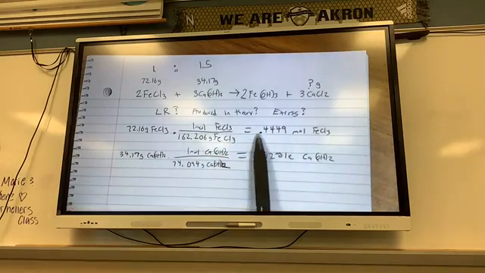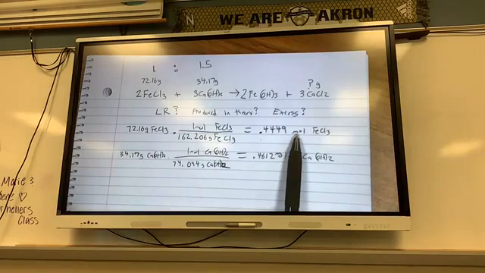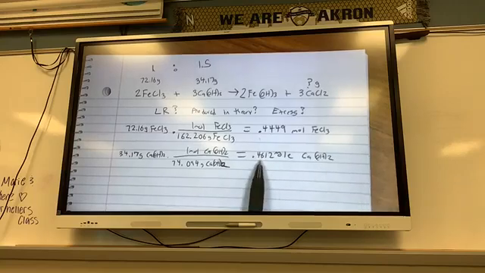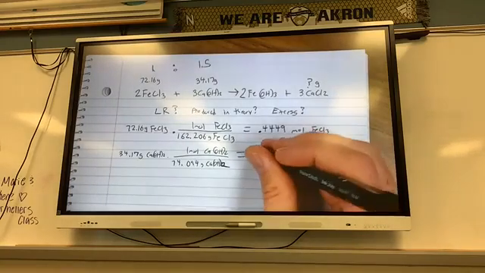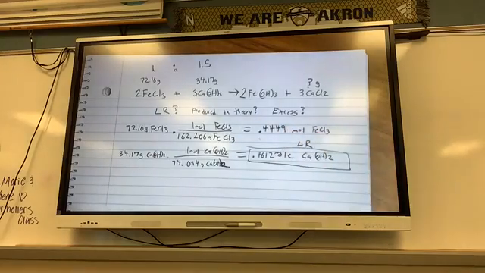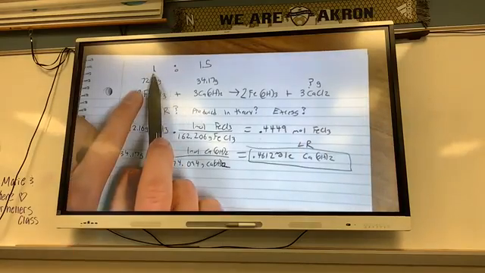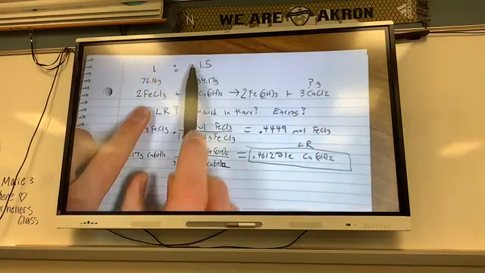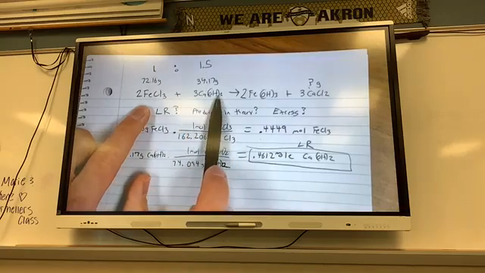So I'm going to take 0.4449 in my head, and I'm going to multiply that by 1.5. What is that roughly? It's 0.6 something, right? That's your limiting reactant. Once again, for every one FeCl3, I need 1.5 CaOH2.